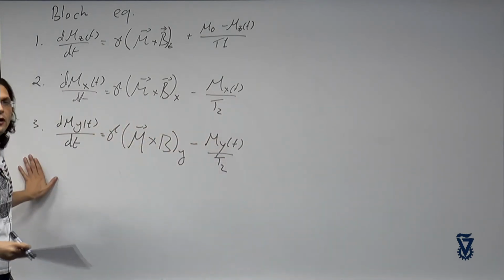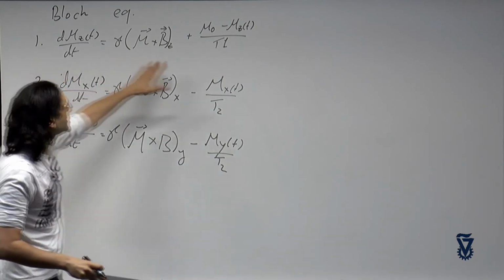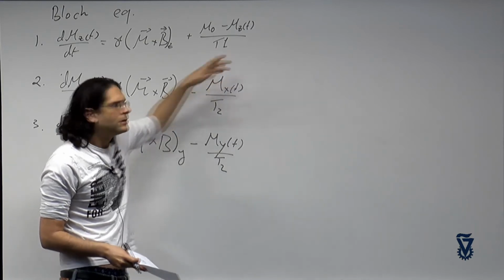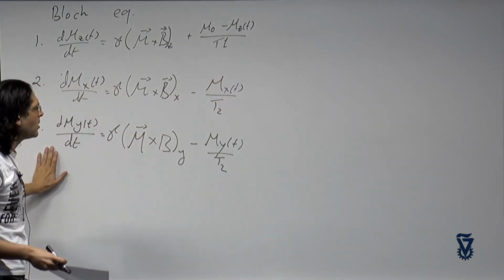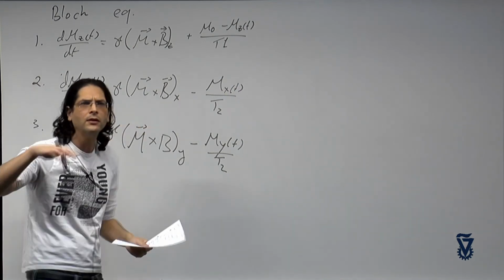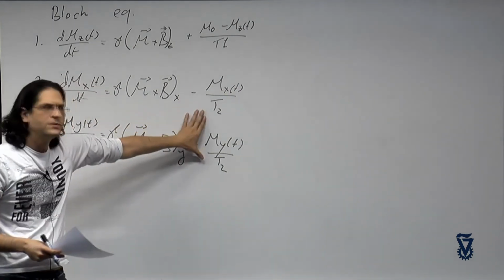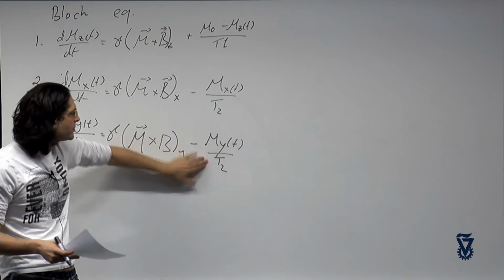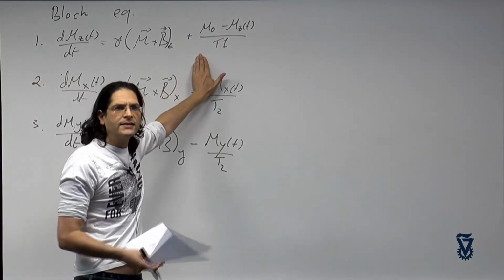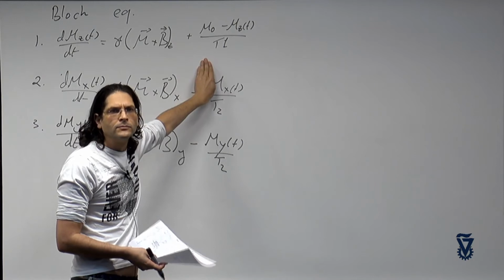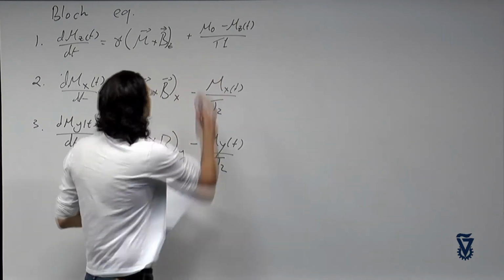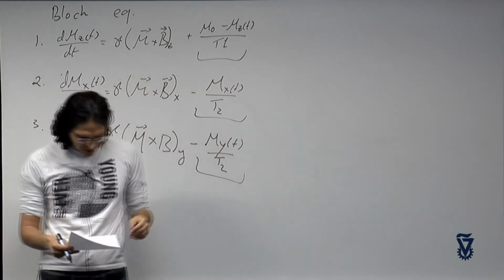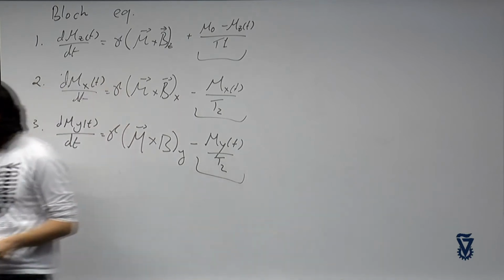And I mean, you can already solve these equations in your head. You see that this equation just leads to an exponential decay on the time scale of T1. And you can see that these just cause an exponential decay of the transverse component, the xy component, on a time scale of T2. And the assumption here in this phenomenological model is that the decay is actually exponential. So we're assuming the decay is exponential, and we're just adding these parts into the Bloch equations. And for an NMR system, this is a very, very good approximation.